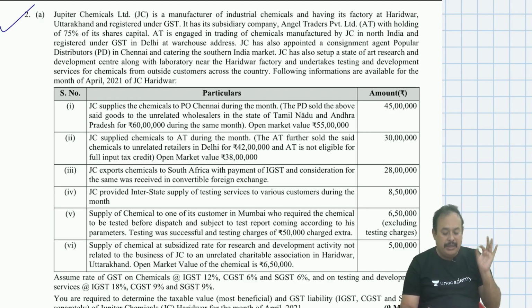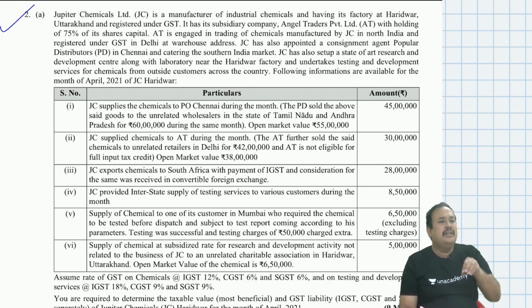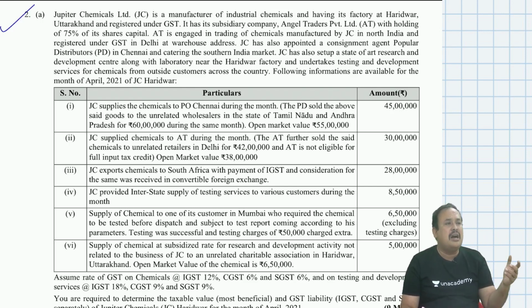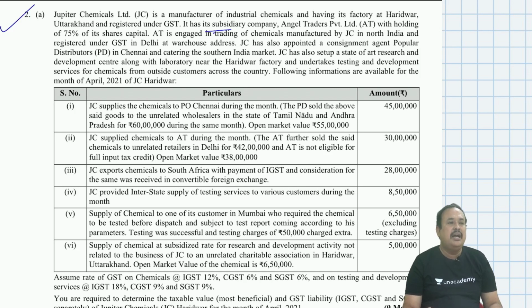Jupiter Chemicals Limited, JC, is a manufacturer of industrial chemical and having its factory at Haridwar, Uttarakhand, and registered under the GST. It has its subsidiary company Angel Traders Private Limited, AT, with holding of 75% of its share capital.